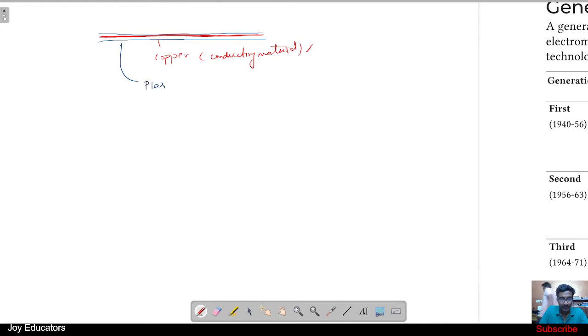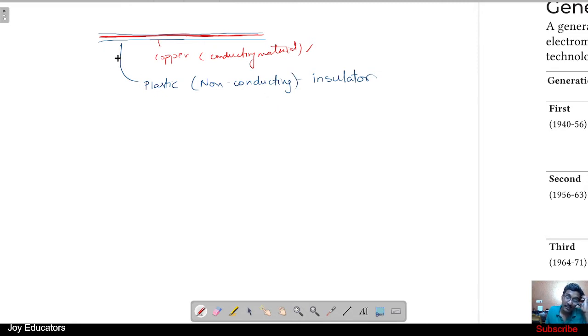Plastic. Yes. Plastic is a non-conducting material, and a non-conducting material is also called an insulator.